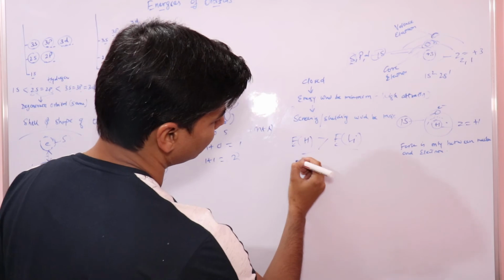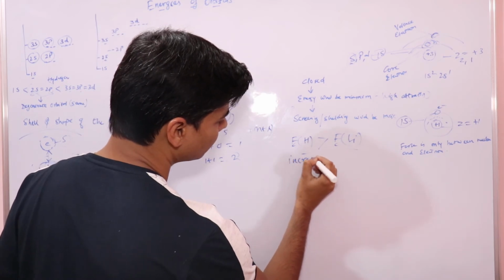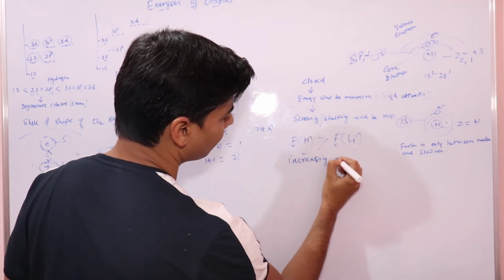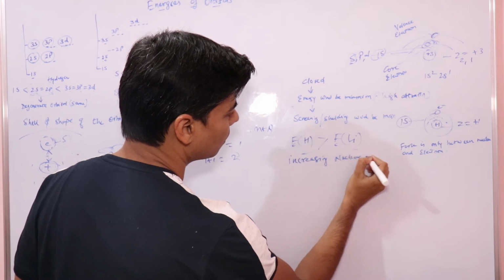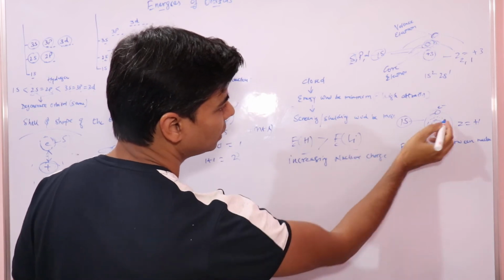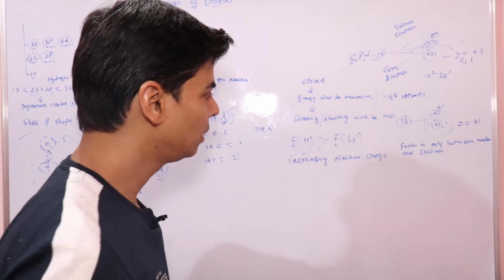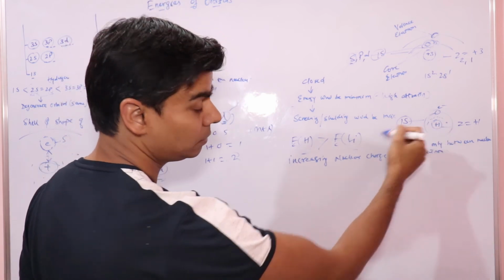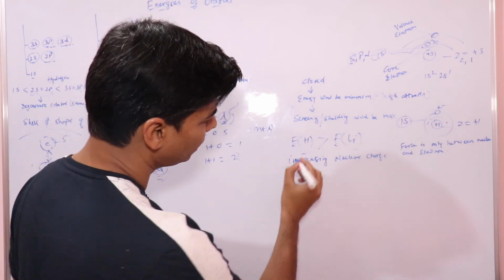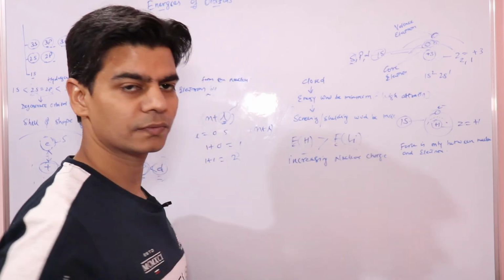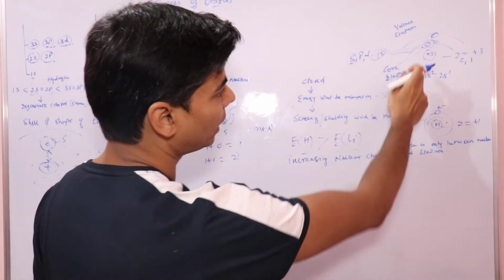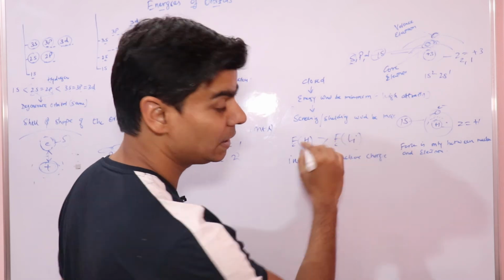Because of increasing nuclear charge, right? The higher the nuclear charge, the higher the force of attraction between the orbitals and the nucleus. So in case of lithium, the force of attraction is high because of high nuclear charge, so its energy would be less.